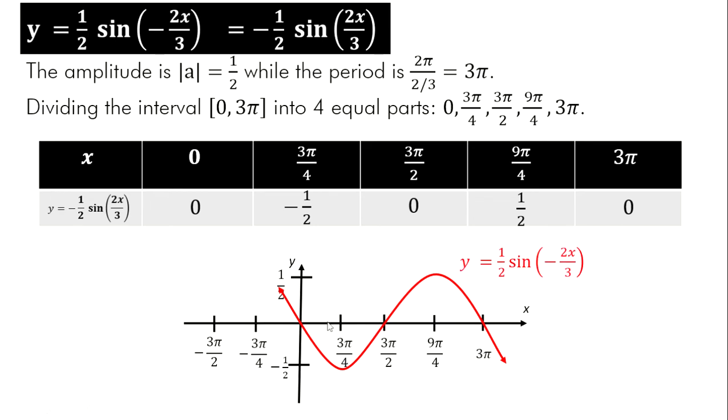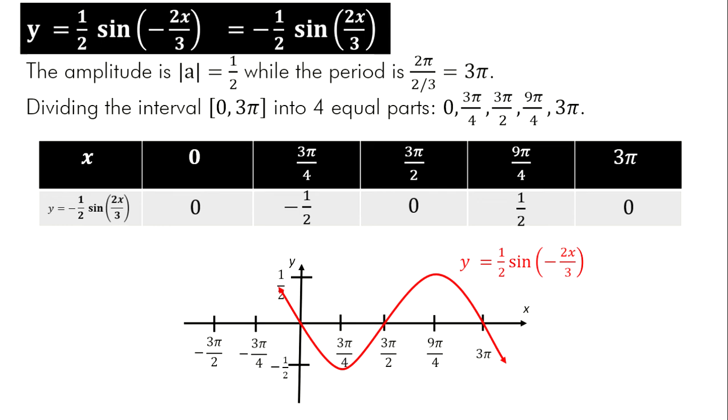As you can see here, we have (0, 0), (3π/4, -1/2), (3π/2, 0), (9π/4, 1/2), and (3π, 0). So plot the points and then extend it, connect it, and then you'll obtain the graph of the function.